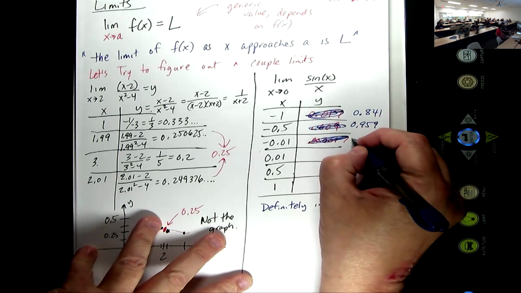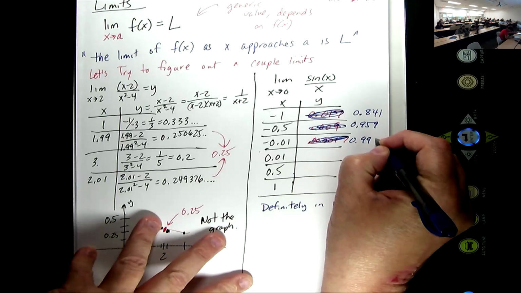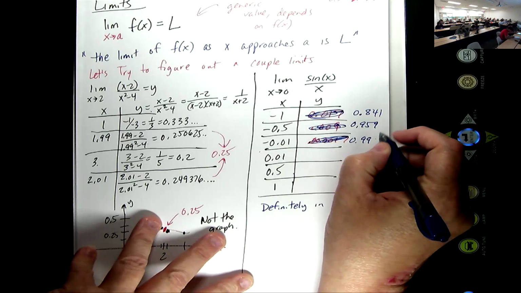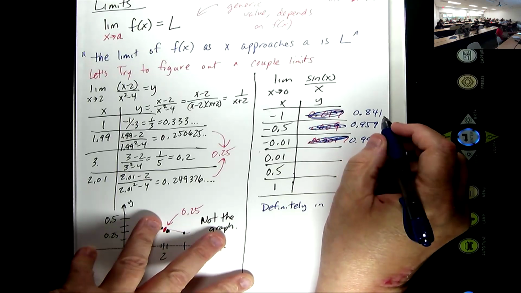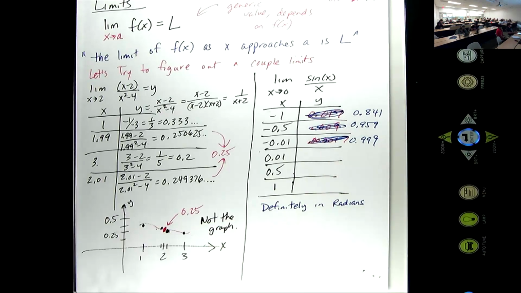0.999. Well, if we round to three places it's 999, but if you keep going, it starts at 83334. Well, 0.999 is good, we'll see what happens when we come from the other side. Zero point 841.